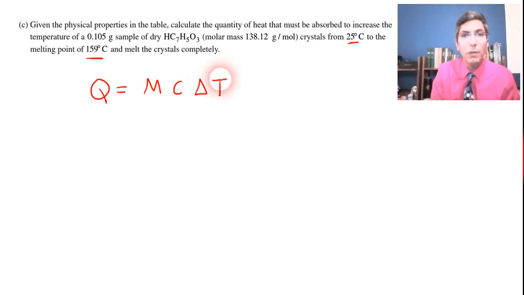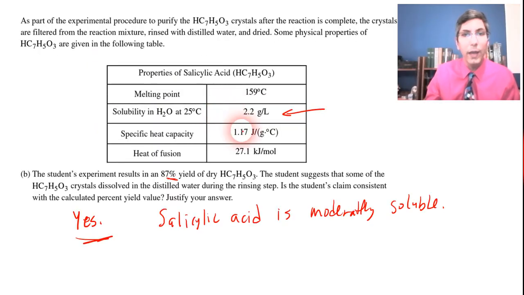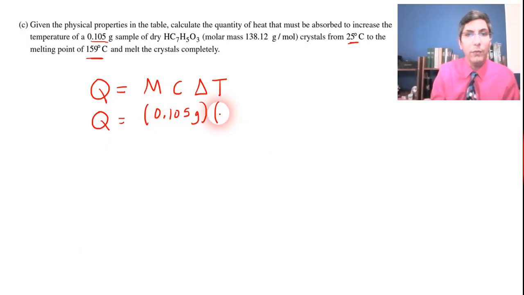So that's where q equals mc delta T comes in. So we're solving for the amount of heat. The mass is 0.105 grams. The specific heat capacity of this from the table that we got on the last slide, if we take a look at that, is right here. It's 1.17 joules per gram degree Celsius.